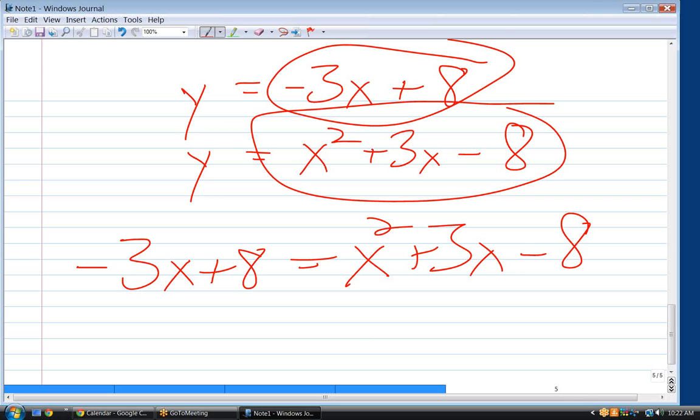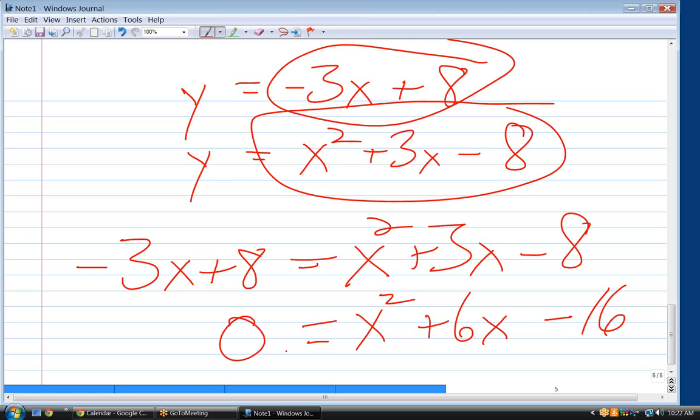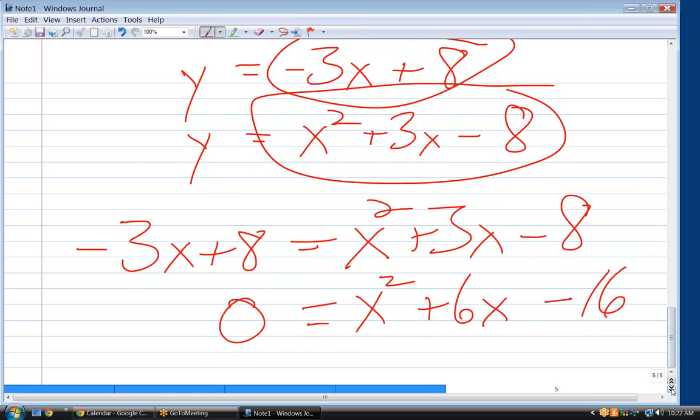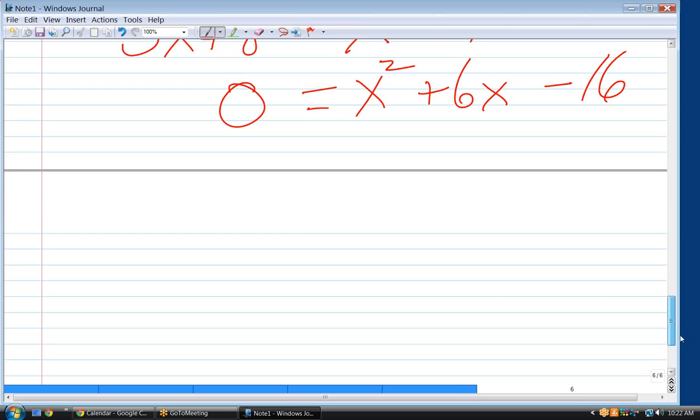Are you moving everything to one side? Okay, then let's start out with the highest degree polynomial. Let's not start out with the 6x. So x squared plus 6x minus 16. And what's on the other side? 0. That's usually the first step we want to take whenever we're solving quadratics, particularly if they're going to factor nicely.